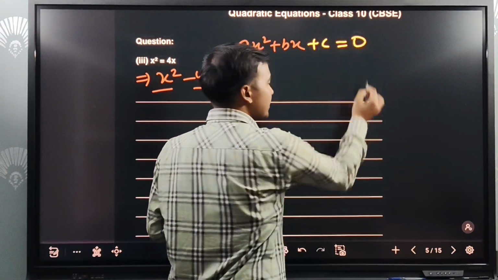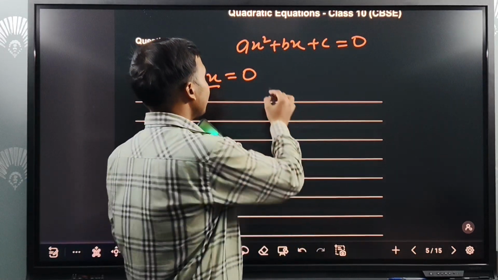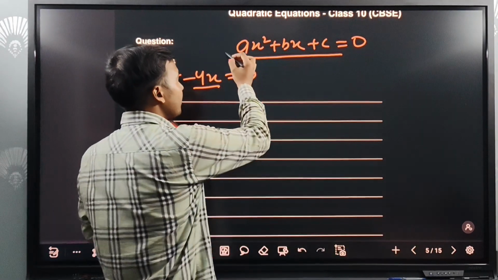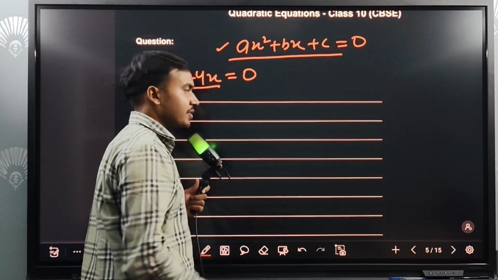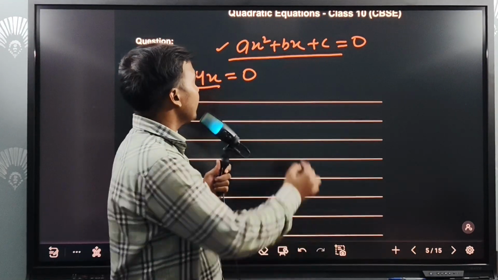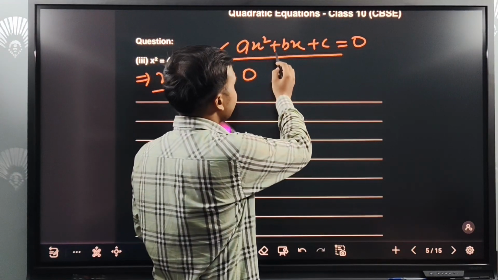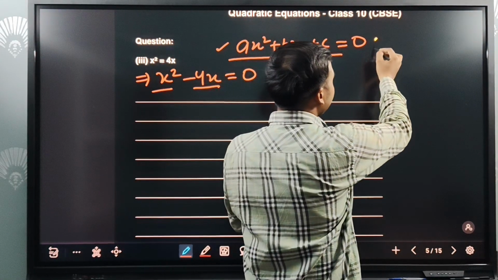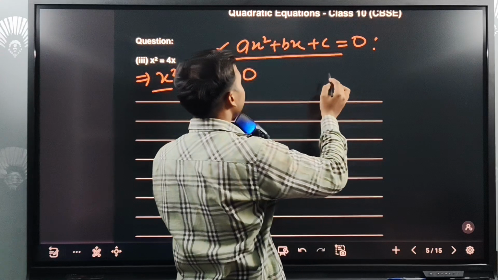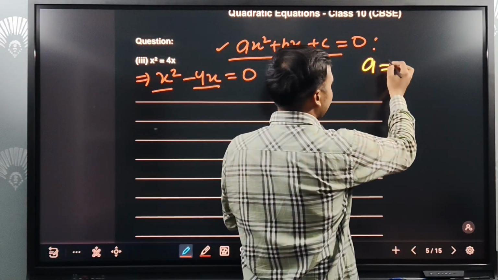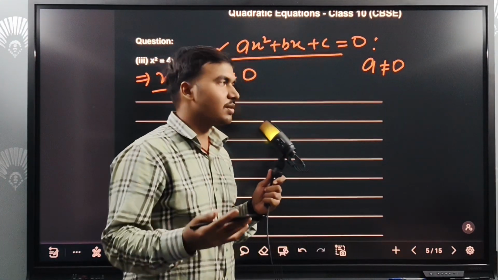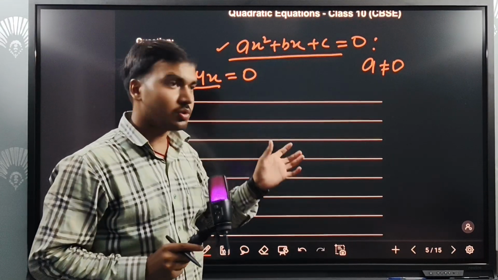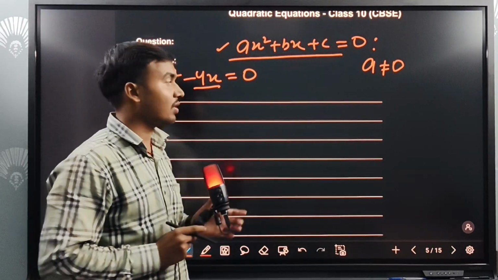In the definition it was mentioned that a quadratic equation should be of the form ax square plus bx plus c, where the mandatory condition is that a should not be equal to 0. Here a is not 0, only c is 0. So this equation will also be a quadratic equation.